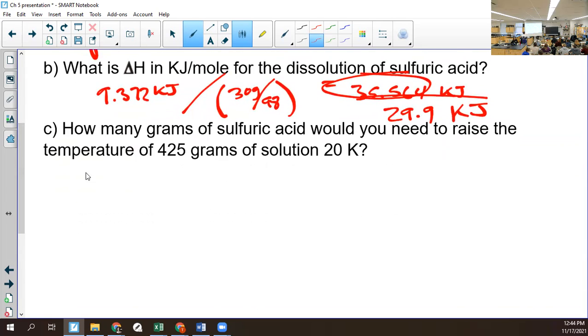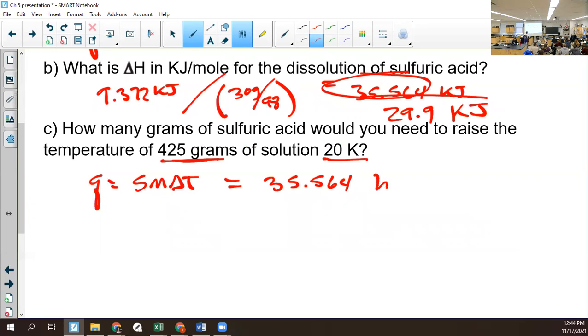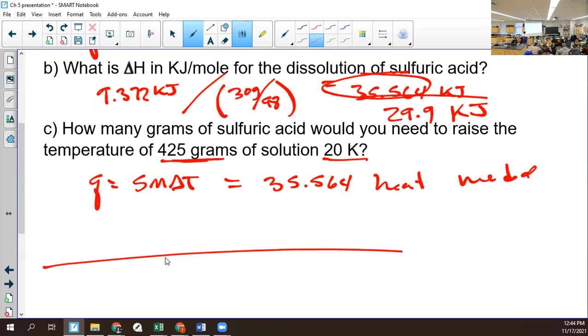Okay, how many grams? So this one's a few parts. We had Q equals SM delta T. We plug in this for the grams. S is 4.184, 20 is this, and that was the 35, right? And this ends up 35.564. That's the heat needed. So then we set up a picket fence.